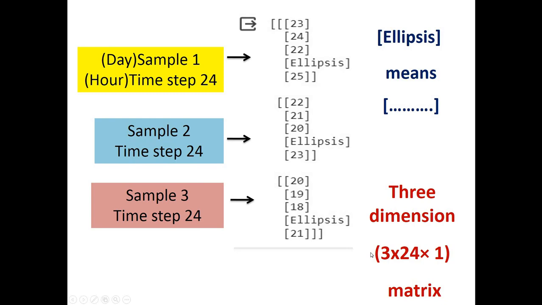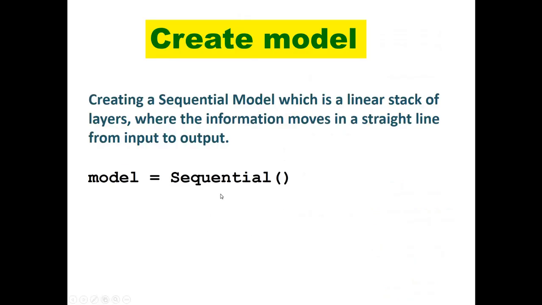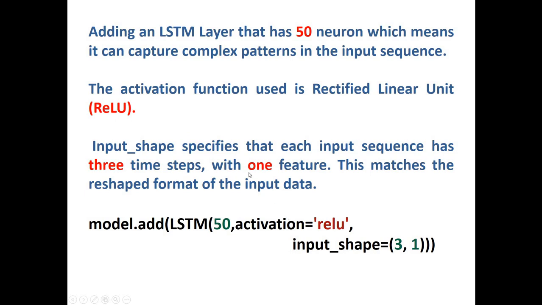This is passed into the model, where model is equal to Sequential. Here ReLU is used as the activation function, and the LSTM has 50 neurons, and this is how a 50-neuron model is created using a neural network. This is the first time in the videos we are explaining how to create a neural network model.